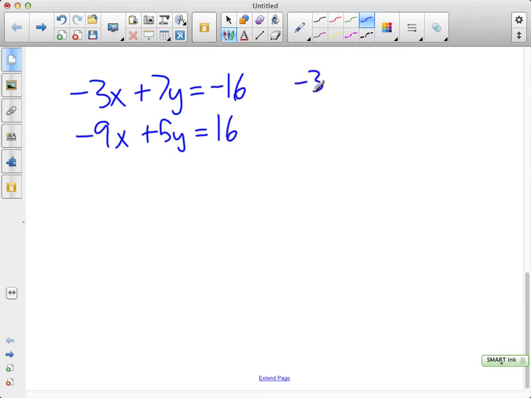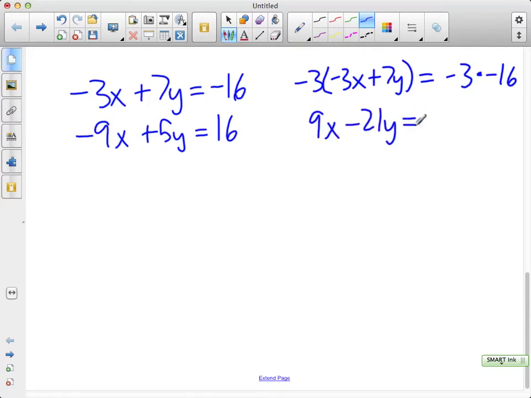So negative 3 times negative 3x plus 7y, and negative 3 times negative 16. So now my new top equation is positive 9x minus 21y equals positive 48.